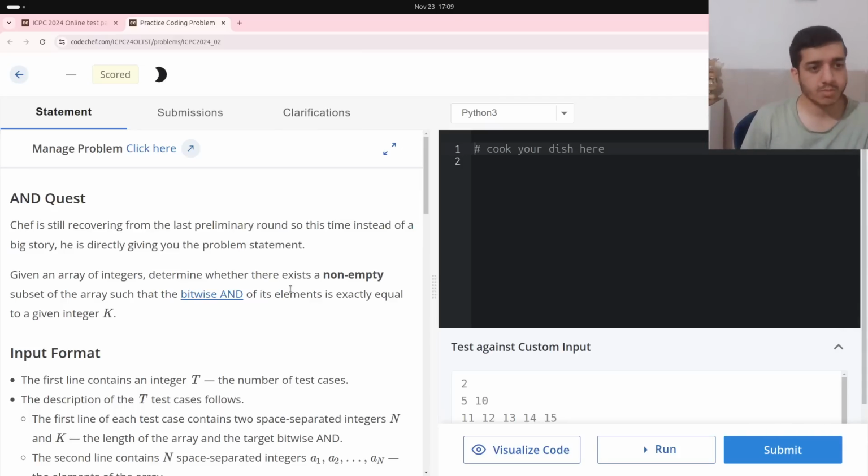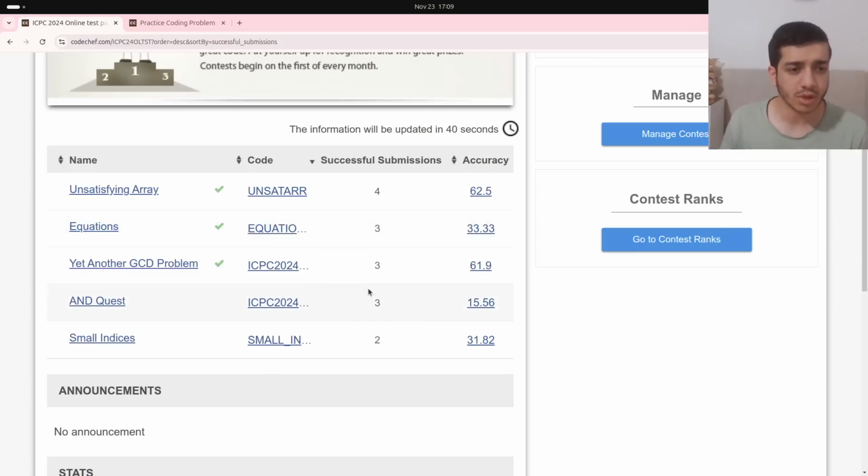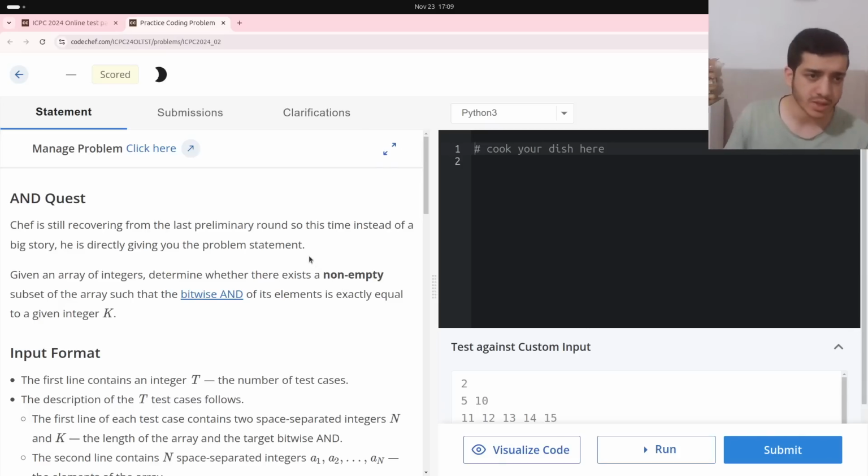I'm good at data structures, those kind of things. Constructive problems, DP problems, they always kill me. But let's go on. I think we have 3 problems to go.